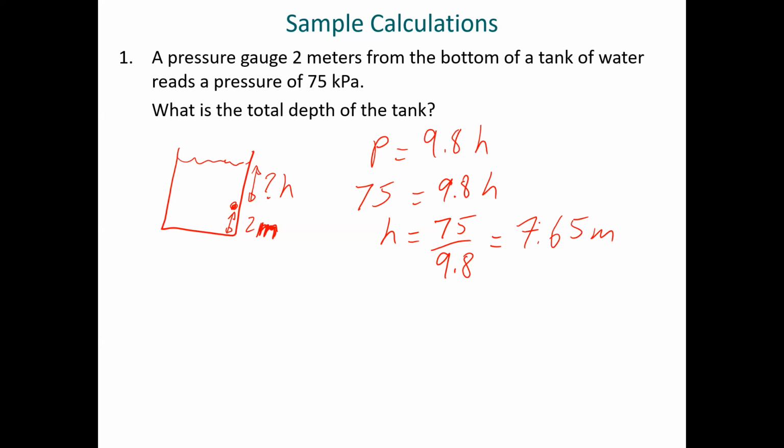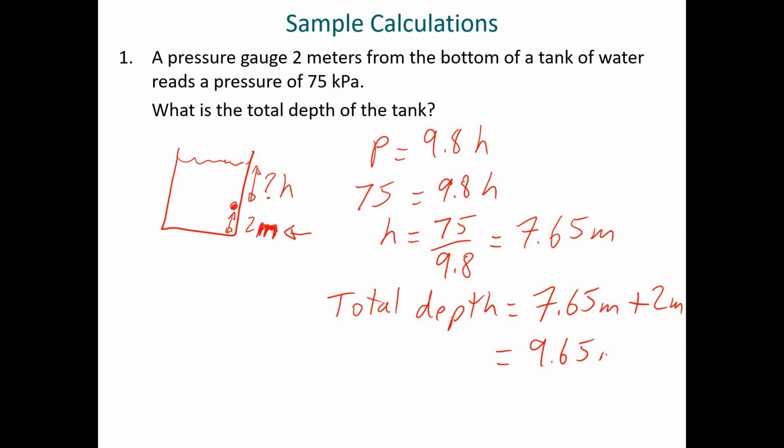The total depth in this case, of course, is that 7.65 meters plus where the gauge is at, the 2 meters. So in this case, my total depth of my tank is 9.65 meters.